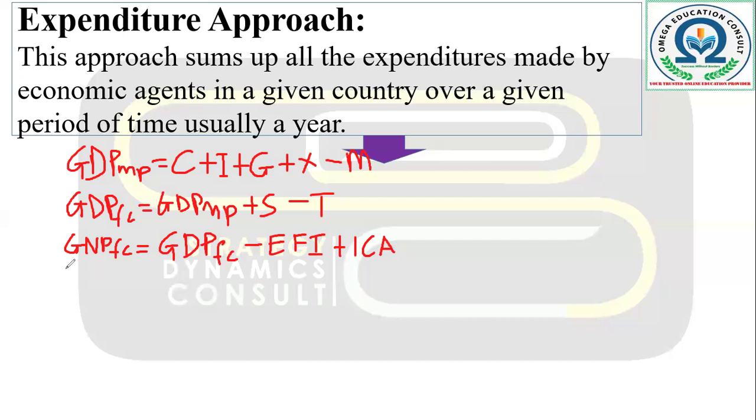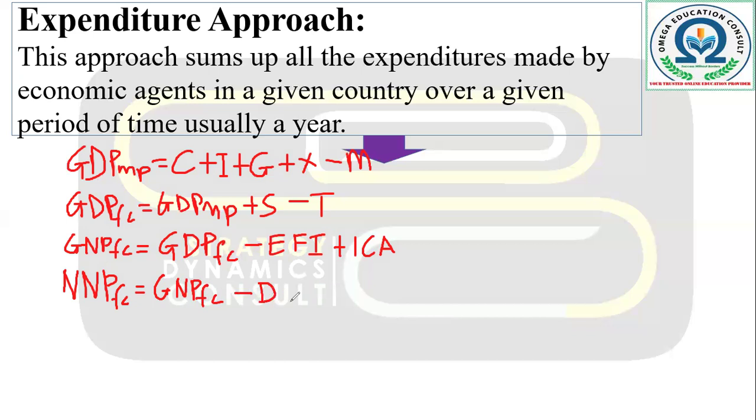Then the last stage in the computation of national income using the expenditure method is what we call the NNP, which is the net national product, once again at factor cost. In order to get this, we pick the GNP at factor cost that we computed previously, and then we deduct what we call depreciation.